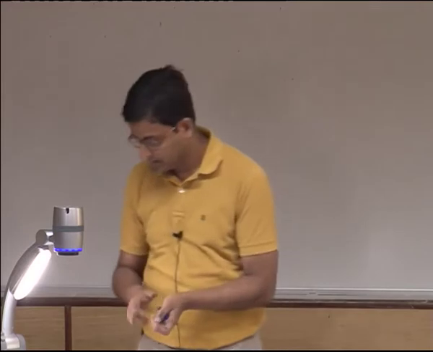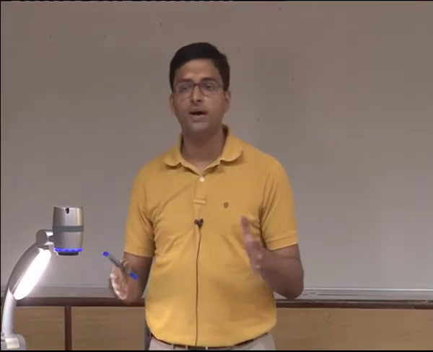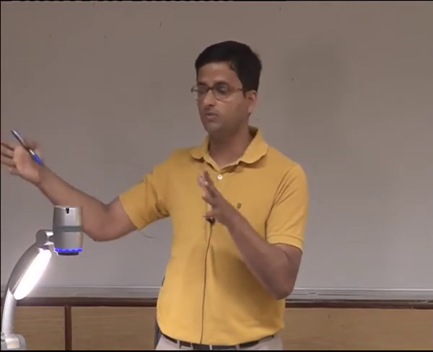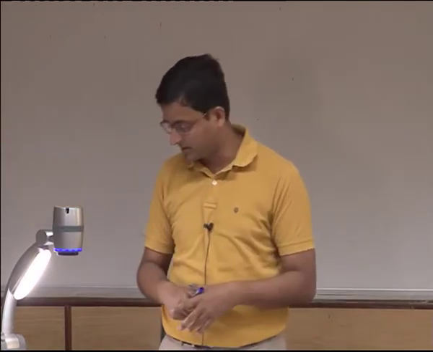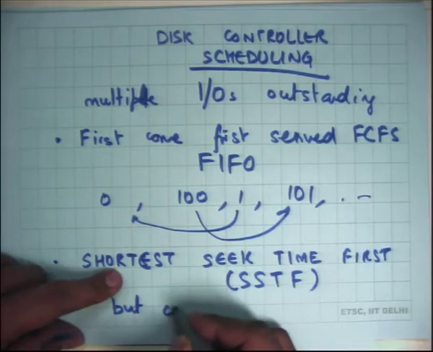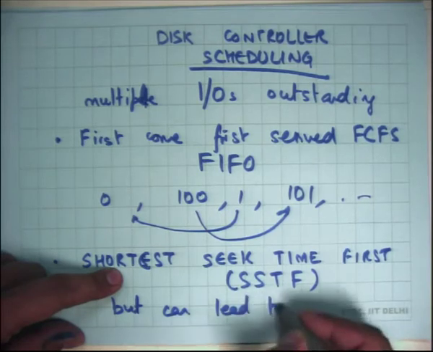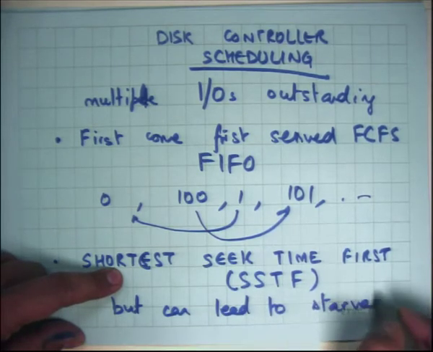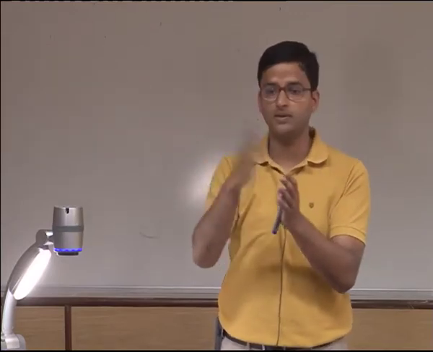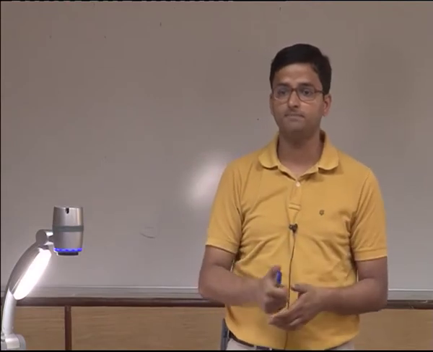If there are lots of requests outstanding in the queue, you can get significant optimizations. So this is good, but can lead to starvation. What can happen is that lots of requests are coming for 0, 1, 0, 1, and then there's an outstanding request for 100 which will never get served because the shortest is basically always between 0 and 1.